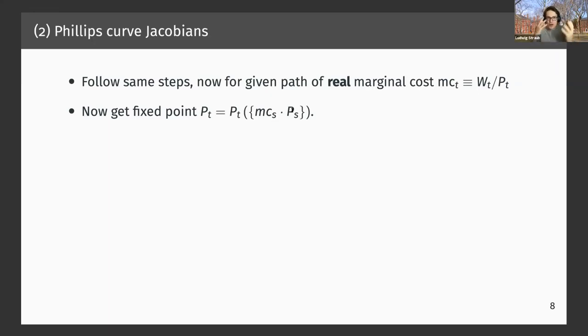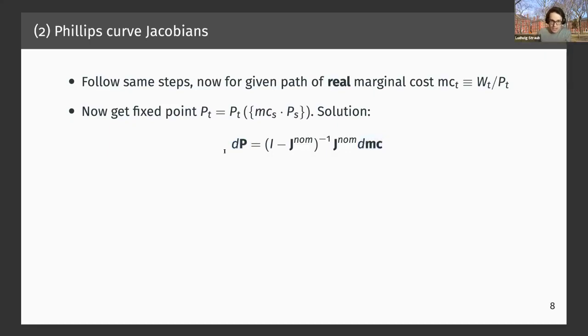So now prices show up on both sides, and so we have to solve a fixed point. But that turns out to be not particularly hard once we linearize that equation again and focus on small shocks to real marginal cost. And so we end up with a relationship that, using this nominal price Jacobian, gives us a way to figure out, for a given path of real marginal cost, the response of the price level.